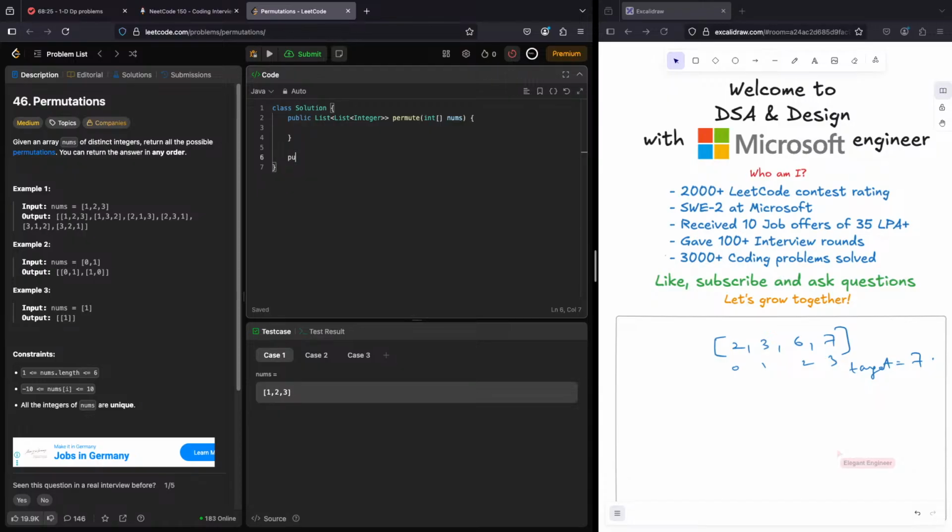In permutations, we can go back as well, because we can pick 3 and then we can pick 2.